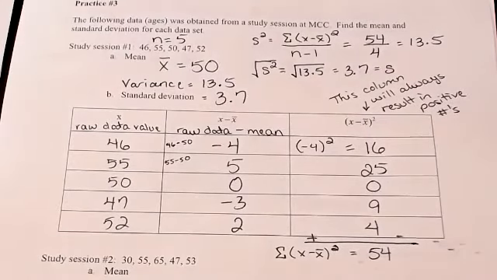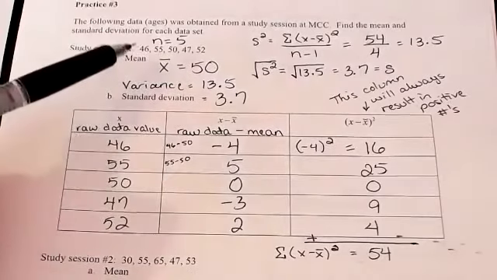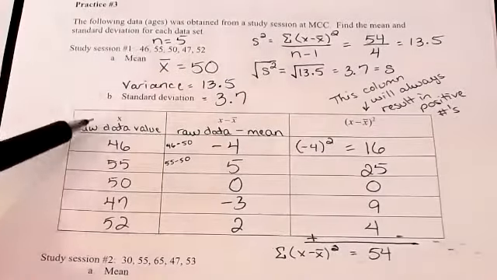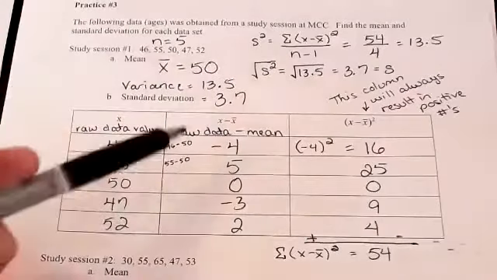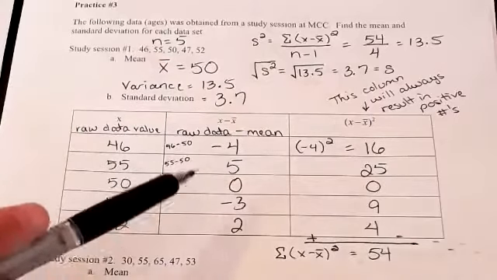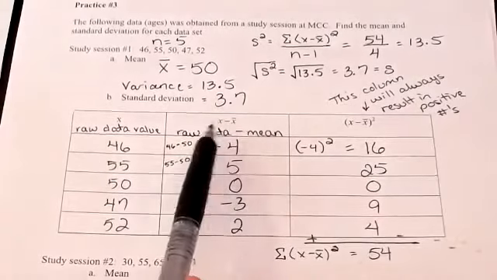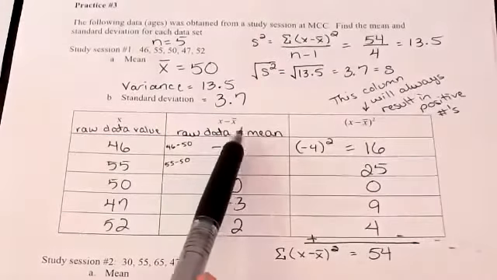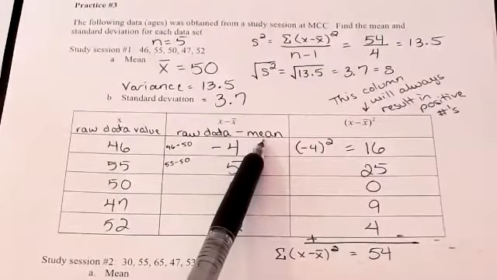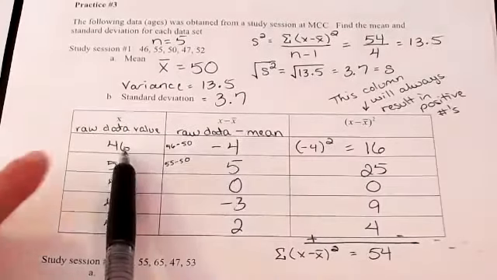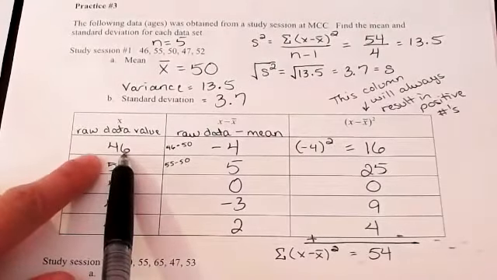Sorry, I just don't understand how you got the raw data value. The second column? Oh, right here? Notice what this says. It says, take your raw data and then subtract the mean. Oh, okay, I see.